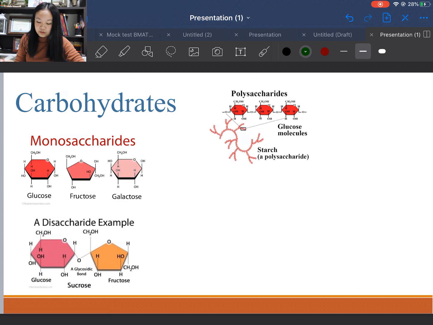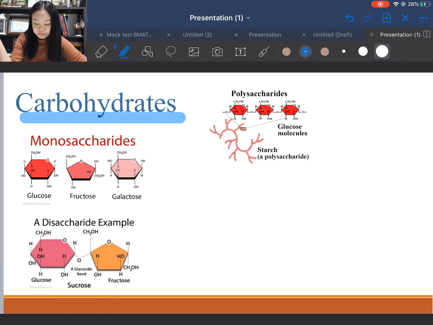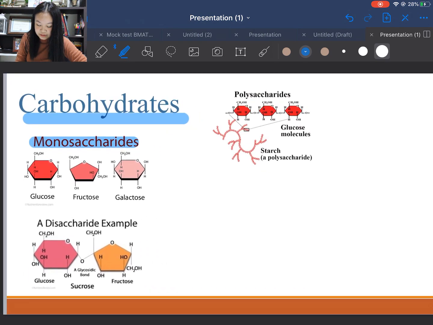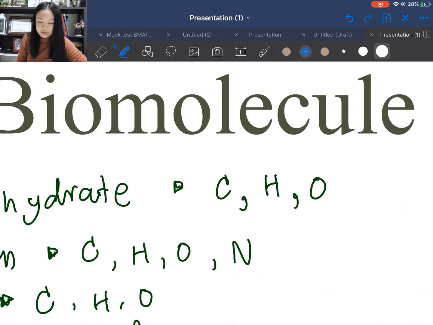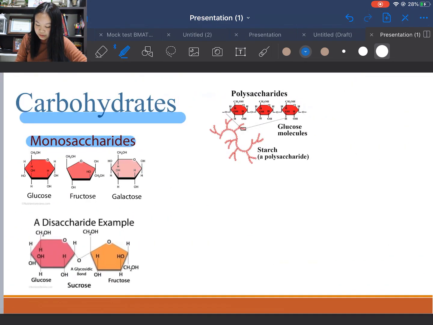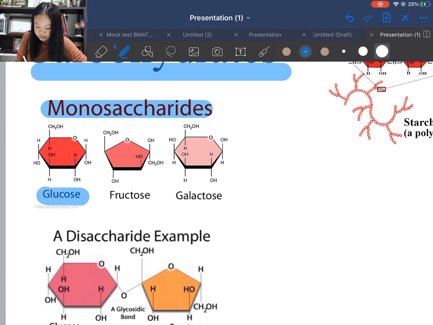Our first one is called carbohydrate. Carbohydrate can be divided into three things. First one, we call it monosaccharide. Monosaccharide is the thing I mentioned, carbon, hydrogen, and oxygen composing together and forming three things: glucose, fructose, and galactose.